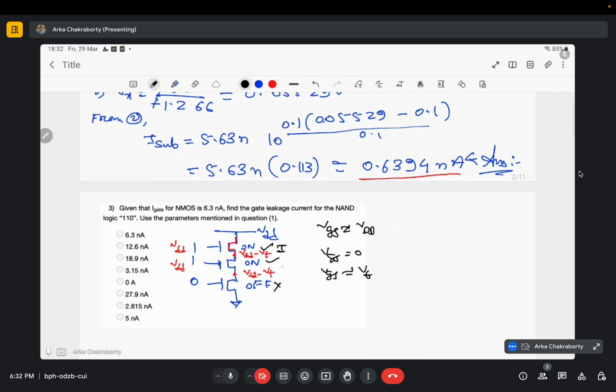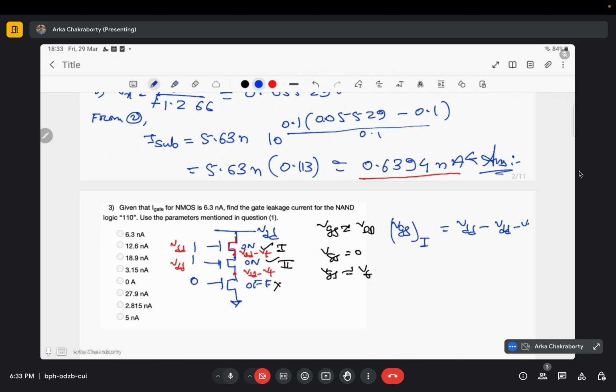Now the VGS for the first transistor would be how much? VG is VDD and VS is VDD minus VT, so it's around VT. And even for the second transistor, my VGS would be VDD minus VT, so it's around VT.